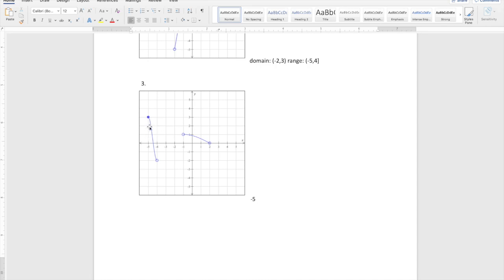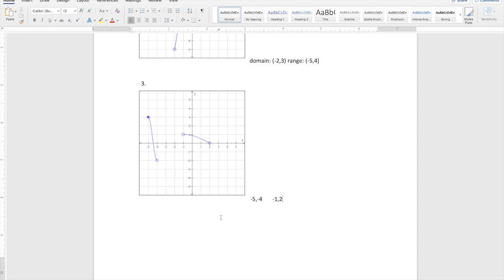My x's do begin at -5. Then they stop at this point with the x value of -4. Then the x's pick up again at this point, which has the x value of -1. So -1, and then you keep going until you hit this point with x value of 2.